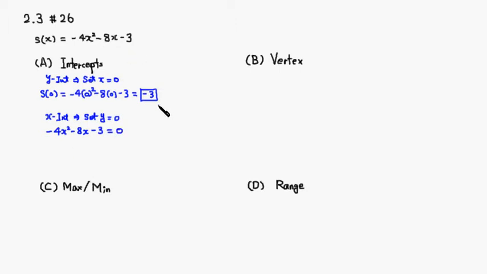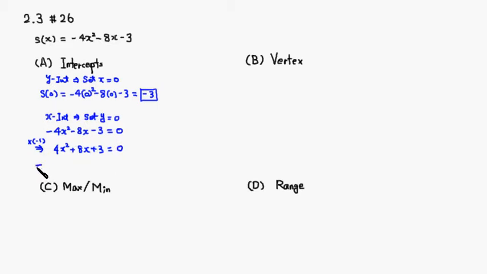The first thing I would do is, I don't like to have a negative leading coefficient, so I'm going to multiply through by negative 1, so that you have 4x squared plus 8x plus 3 equals 0.